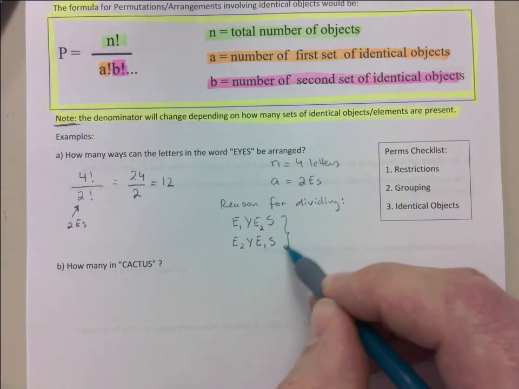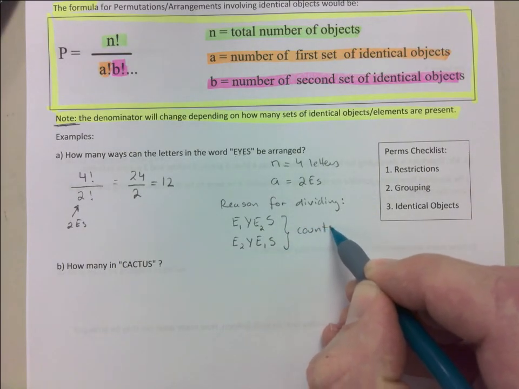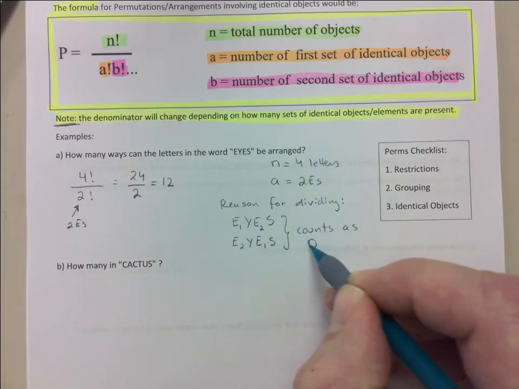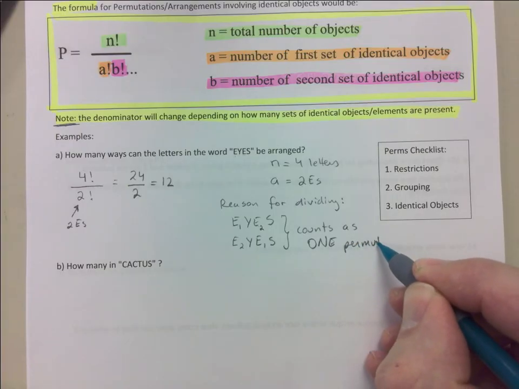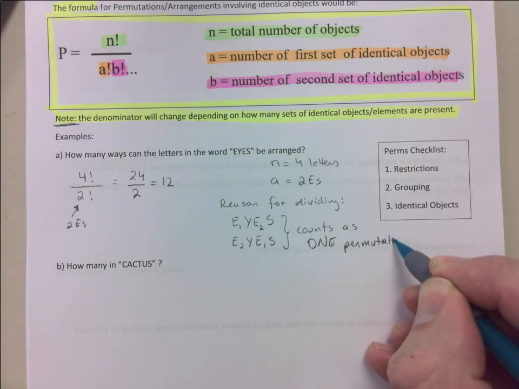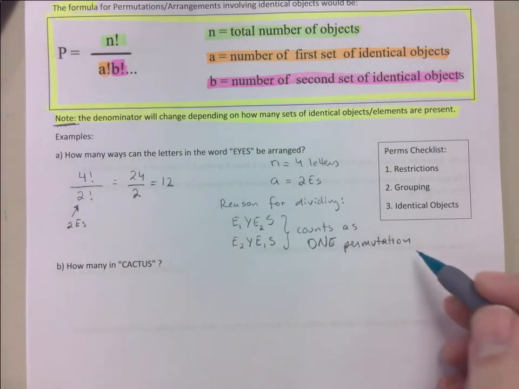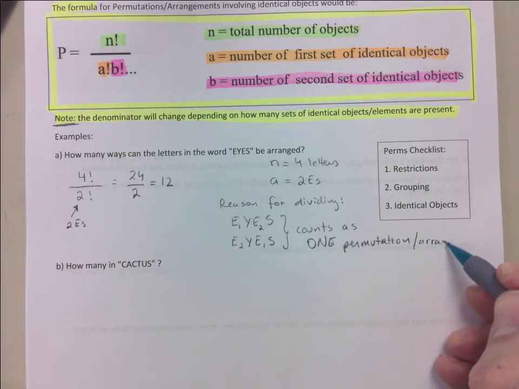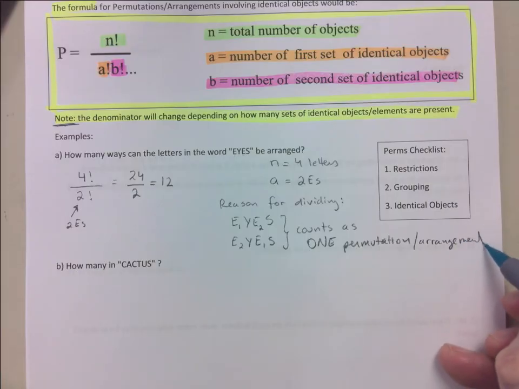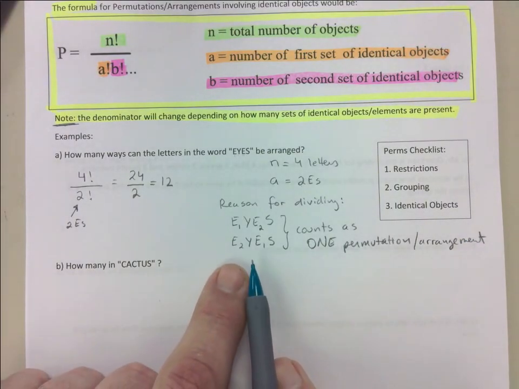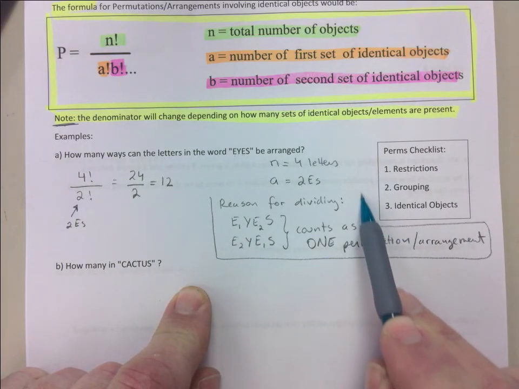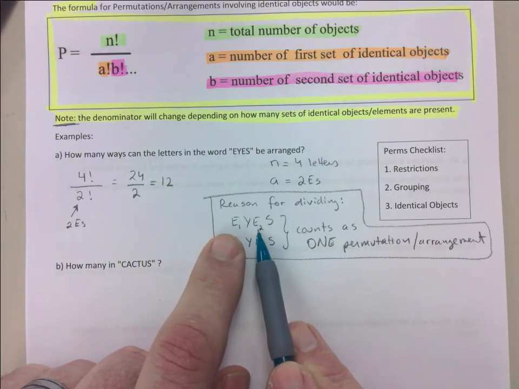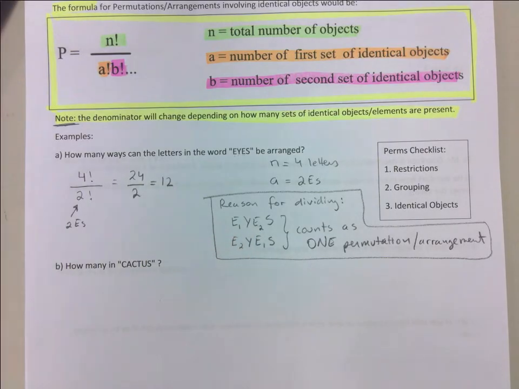So this one counts as one permutation. Permutation, Mr. Erickson, permutation is confusing. Arrangement. Okay, this is the reason why we divide when there are identicals, because we cannot tell them apart.